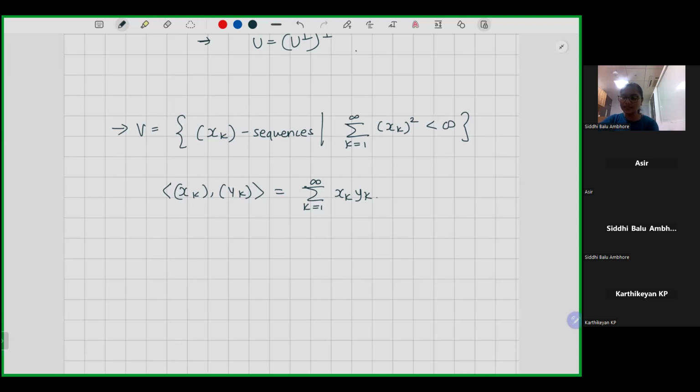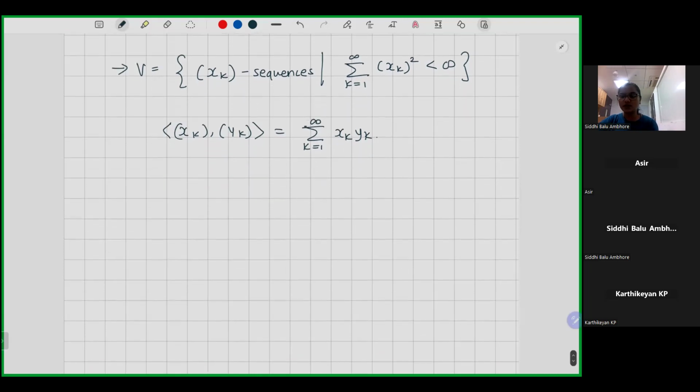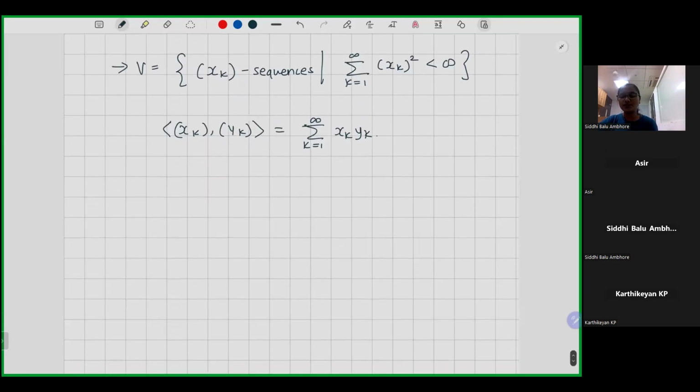And you can check that this forms a vector space. That's not a problem. But assuming that this forms a vector space and this is an inner product space, the inner product is well defined. When I say well defined, this means that this inner product itself is also less than infinity.